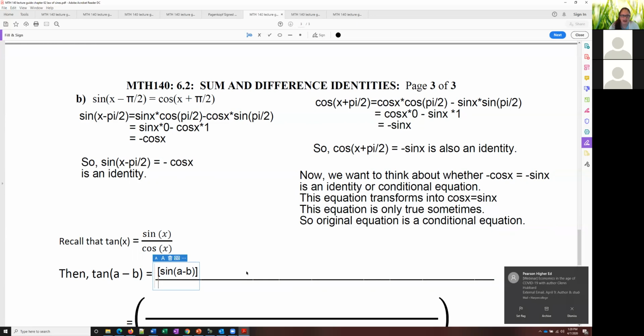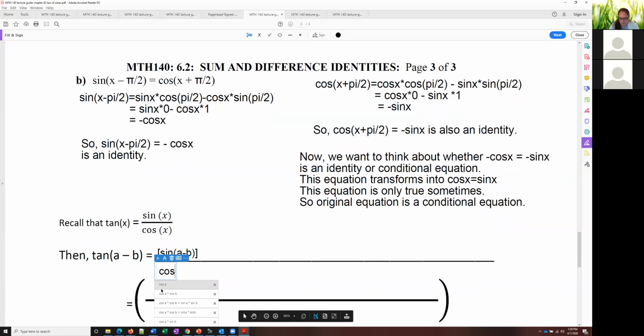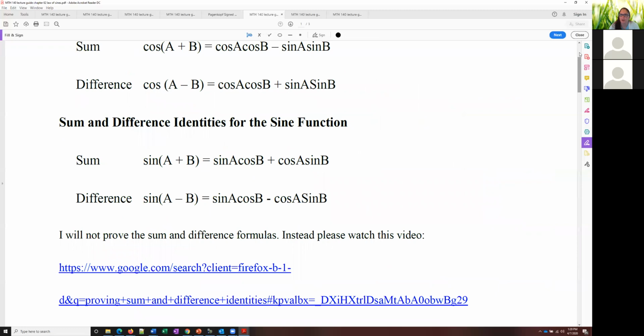So on the top, I want the sine of a minus b. On the bottom, I want the cosine of a minus b. So I've got my fraction, and now I'm going to go back and remind myself what those formulas were.